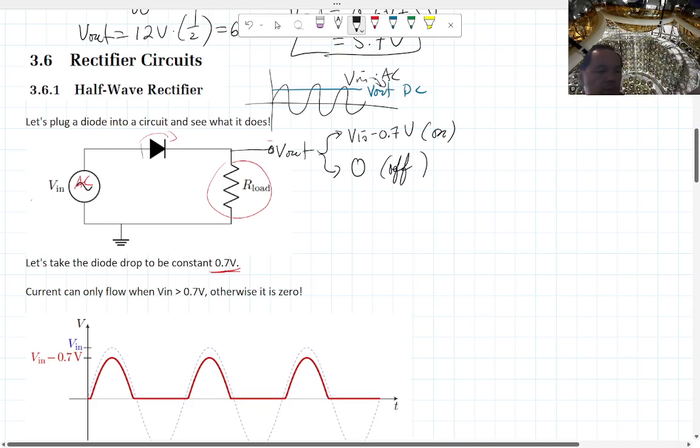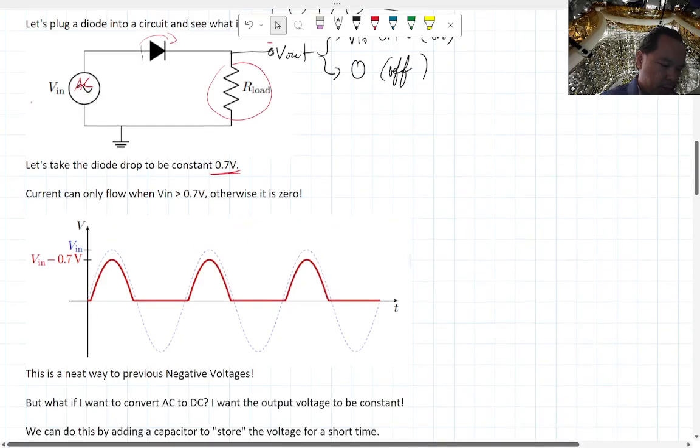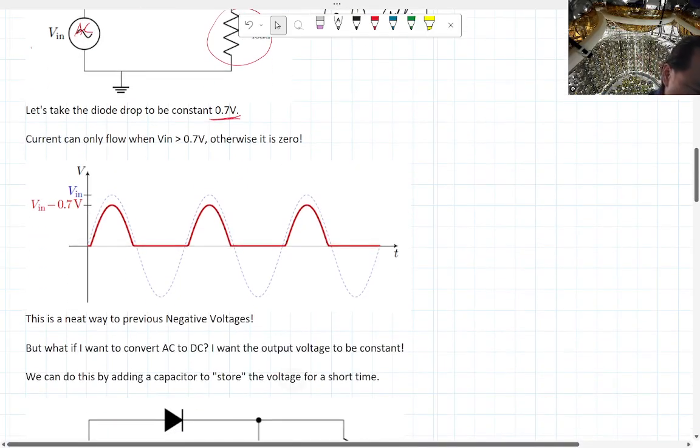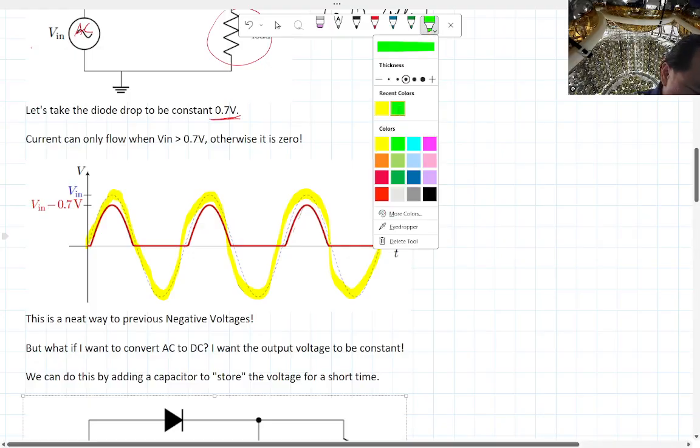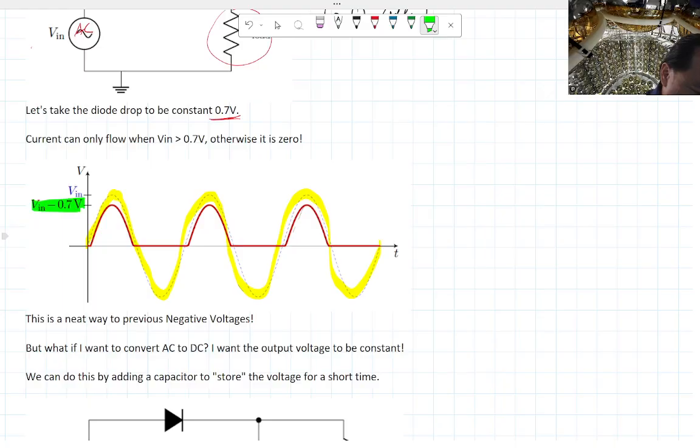Let's see what this looks like when we plot this. As Vin goes up and down with this dashed blue line here, Vout is equal to Vin minus 0.7 volts only when Vin is above 0.7 volts.